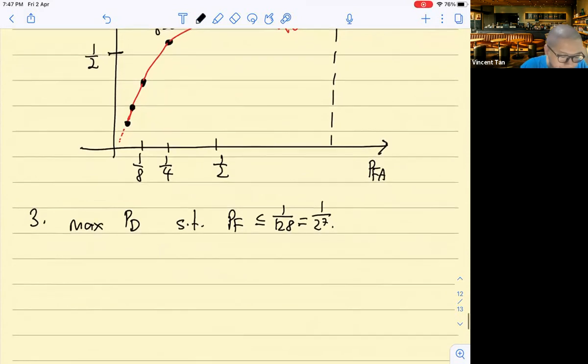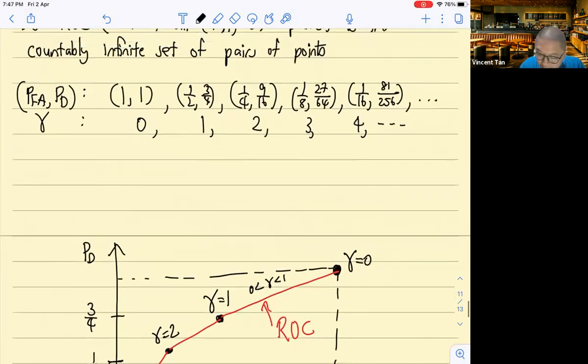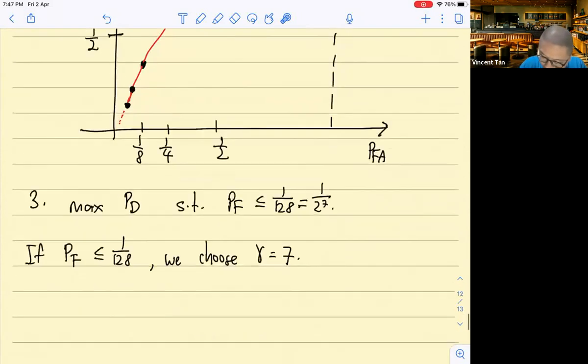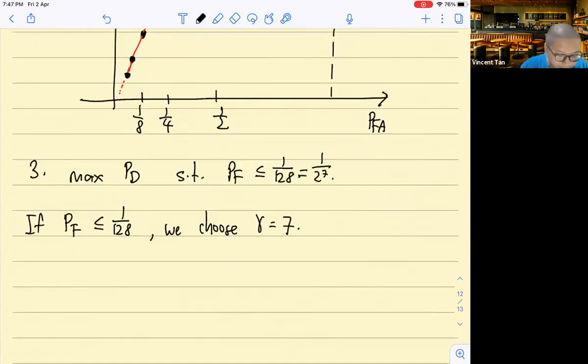That's very painful, right? So if PF, the probability of false alarm, is allowed to be less than or equal to 1/128, then we choose our gamma to be equal to 7, right? Because all our probabilities of false alarm look like this. And if I want 1/128, I will choose gamma equal to 7, correct? Yes, gamma equal to 7.